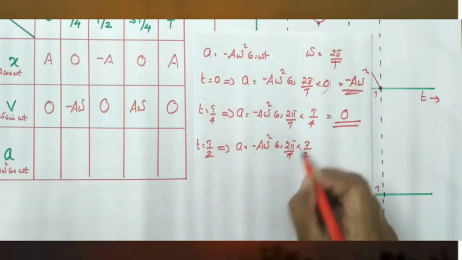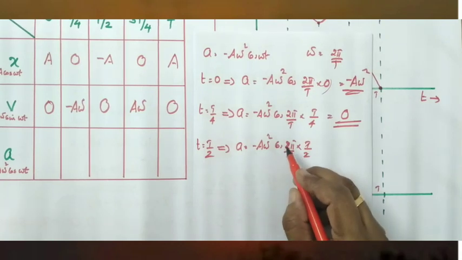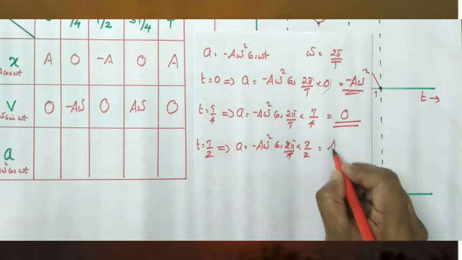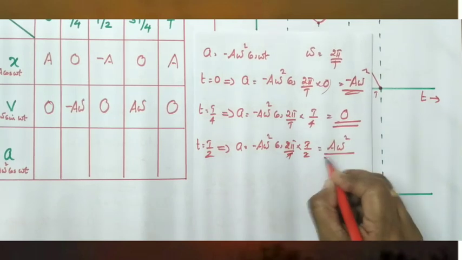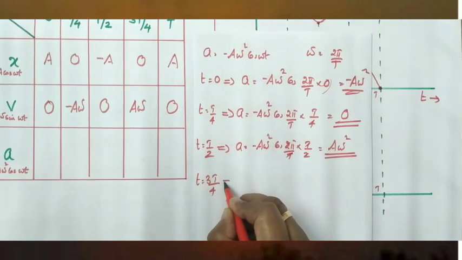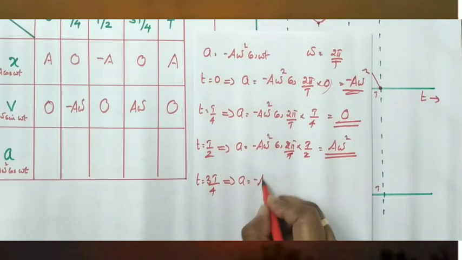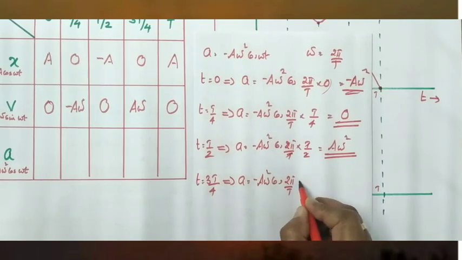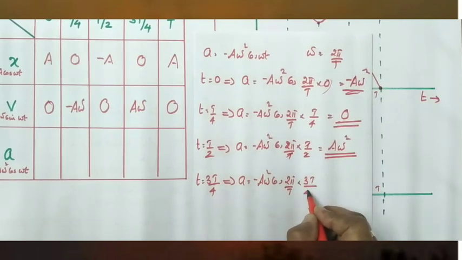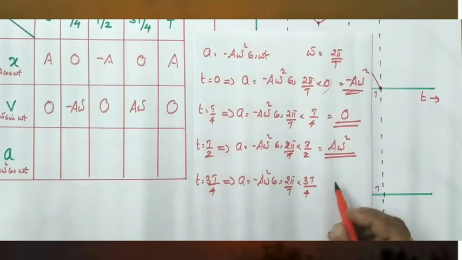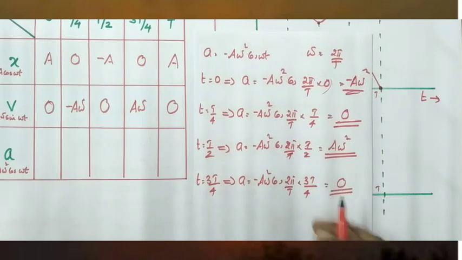Here T gets cancelled, 2 gets cancelled, cos pi is minus 1, and minus and this minus become positive, so it is plus a omega square. Now t is equal to 3T by 4, acceleration a equal to minus a omega square cos (2 pi by T into 3T by 4). The answer is cos 3 pi by 2, which is 0. So here the answer is 0.